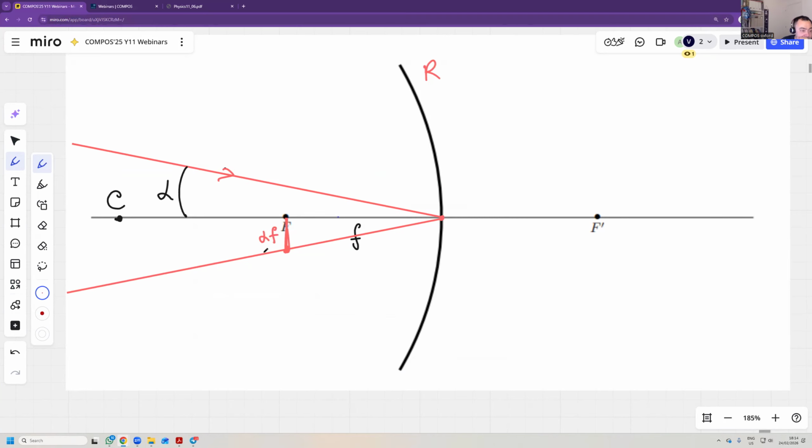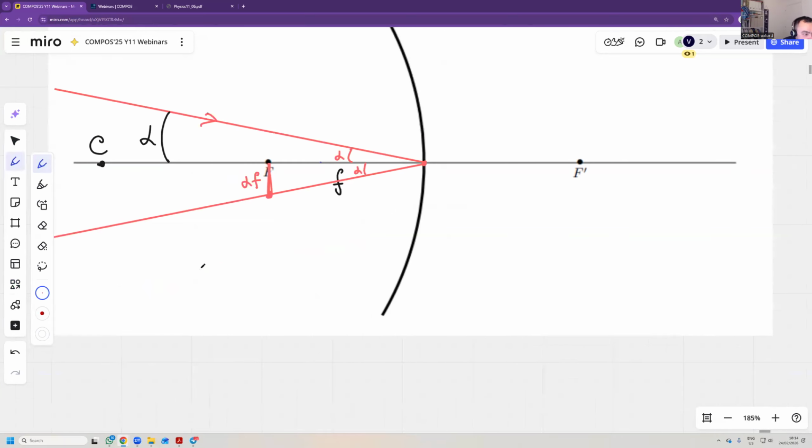For the first ray, it's very easy to prove, because if this angle is alpha, this angle is alpha as well, and this distance is f. So tangent alpha is equal to d over f, where d is alpha f.